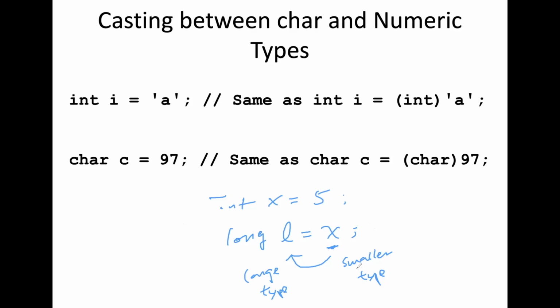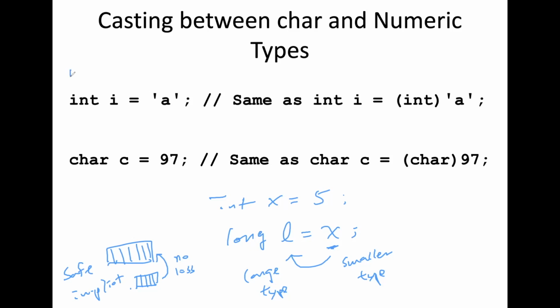There is no risk of data loss. You can think of having a much bigger basket with lots of bits and bytes as the host for storing a much smaller data type. So pushing this small amount of data into this larger basket, there will be no data loss. This is safe and implicit, meaning it will be done. There's no compilation error. There's no runtime error.